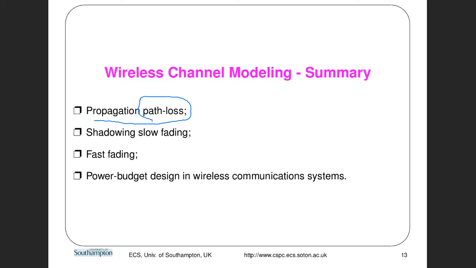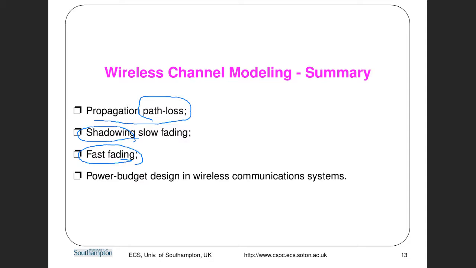Second is the shadowing effect, which is a power blockage caused by buildings or hills or any obstacles. The third is small-scale fast fading, which not only causes amplitude change, but also phase change.